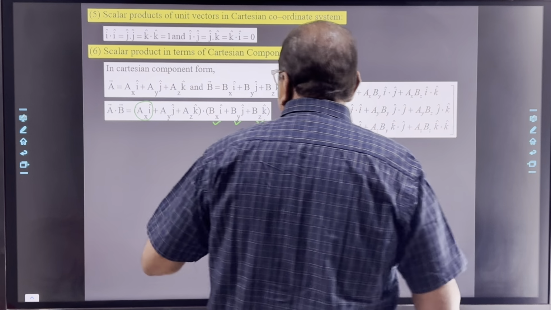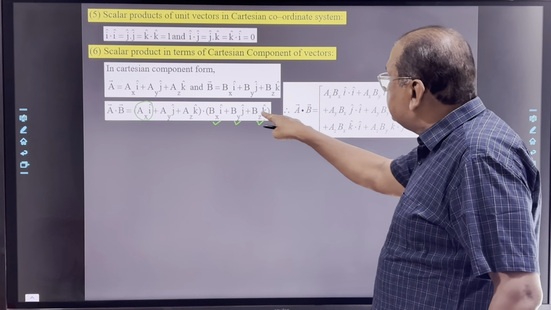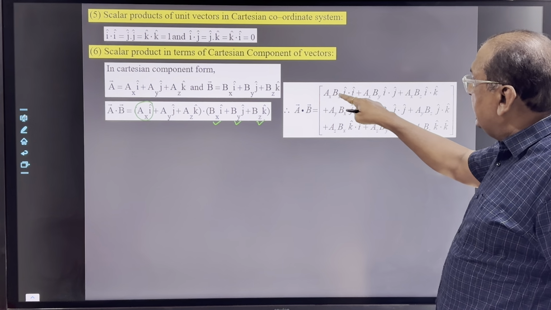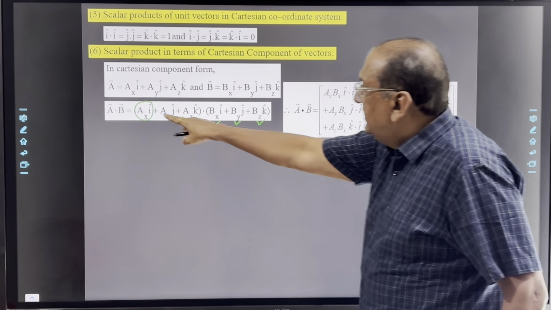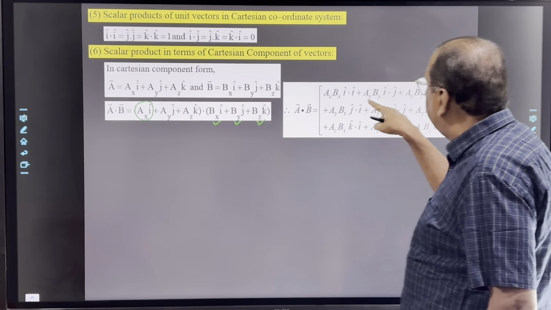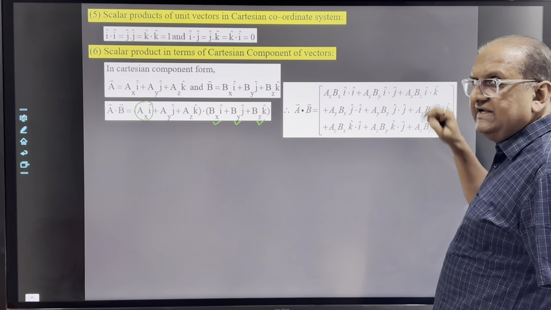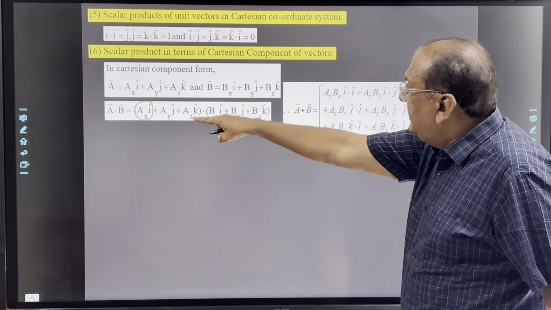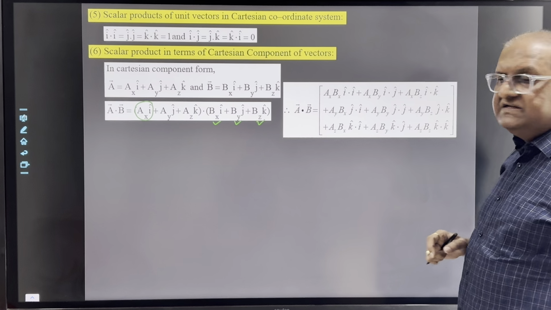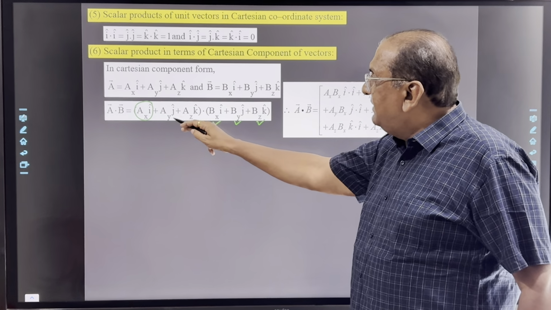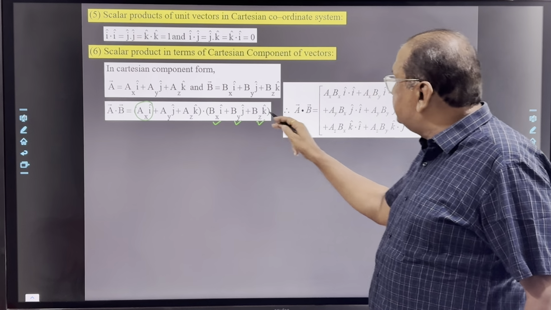Okay, so see here how we will write it. First AX i caret is multiplied with these three. So AX BX i caret dot i caret, then AX BY i caret dot j caret, then AX BZ i caret dot k caret. Similarly, multiply AY j caret with these three.